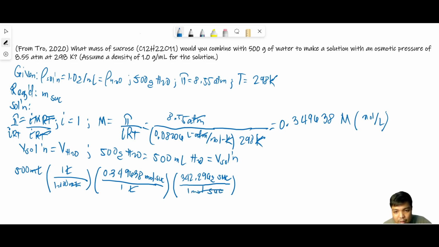So that will cancel out as well. And the answer, rounded off to 4 significant figures, is 59.84 grams of your sucrose.